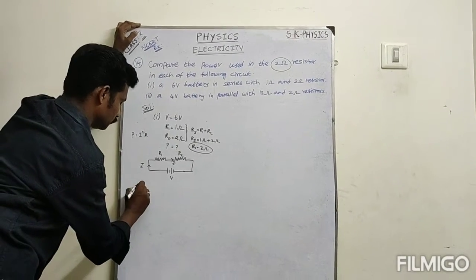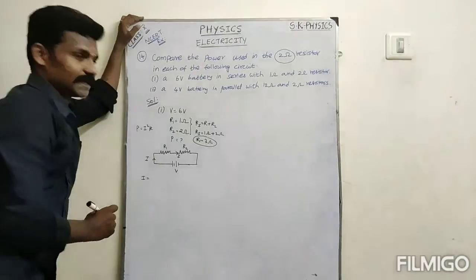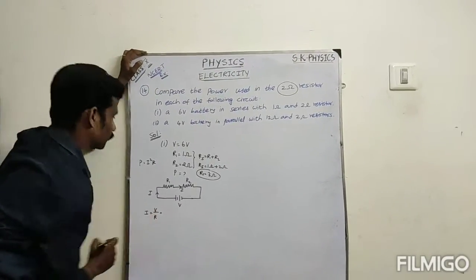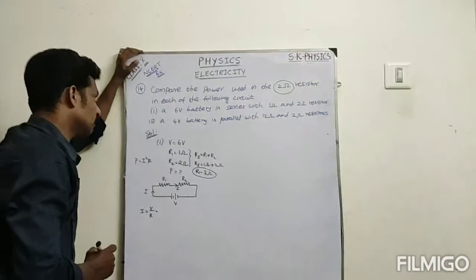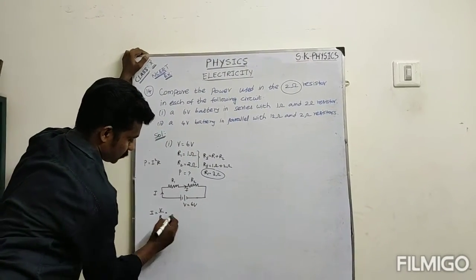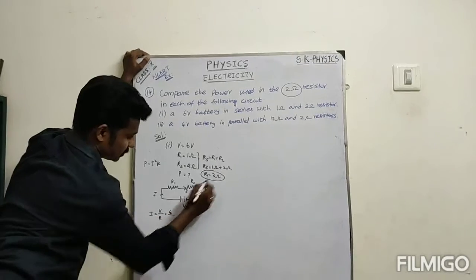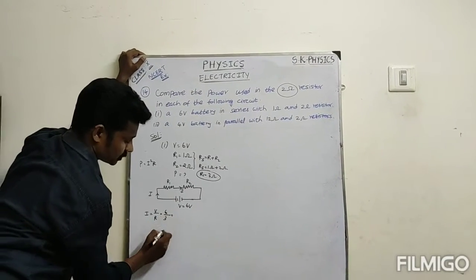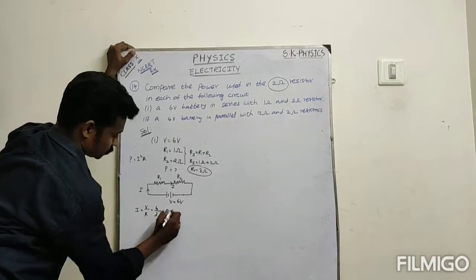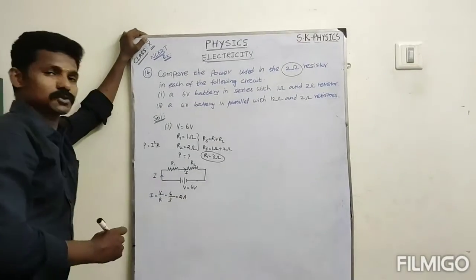V is equal to IR, so I is equal to V by R. The voltage value is 6 volts. Therefore 6 divided by the resistance 3. So 6 by 3 is 2 ampere. So the current value is 2 ampere.